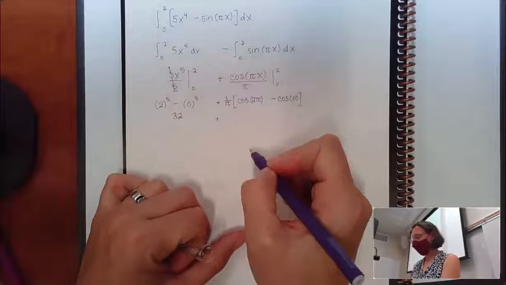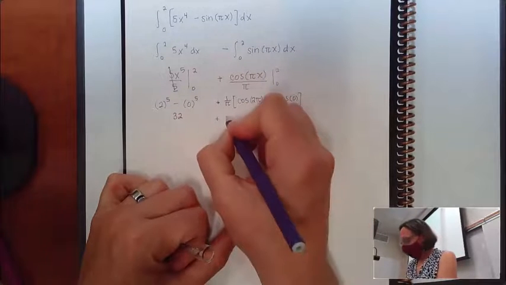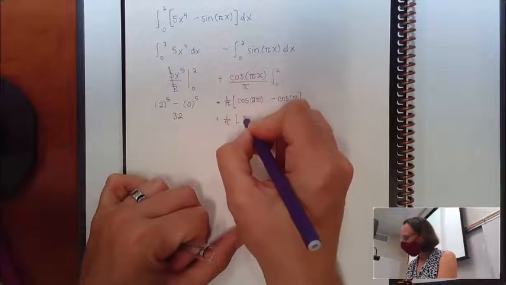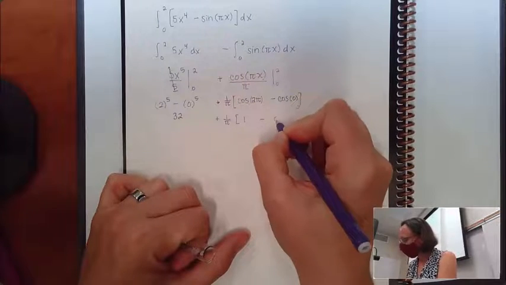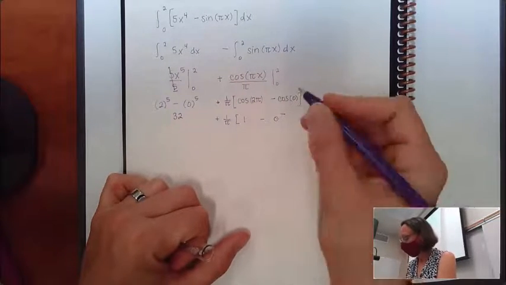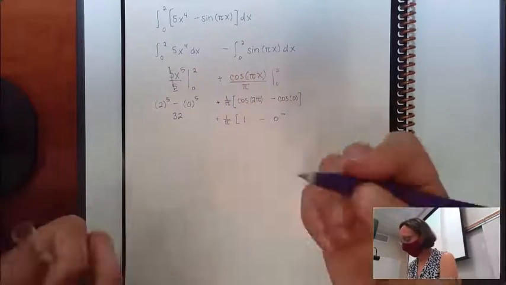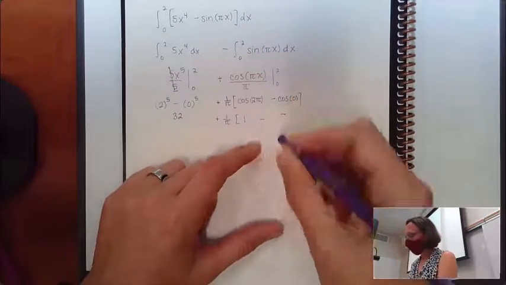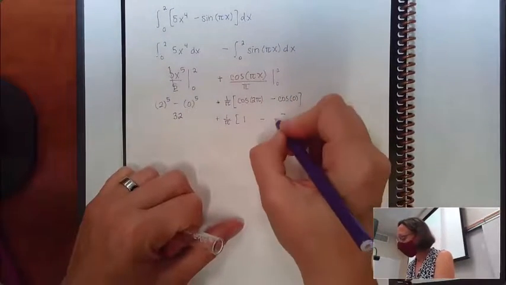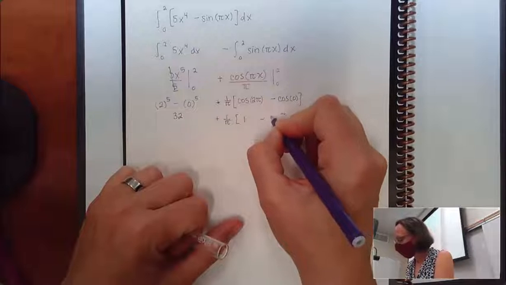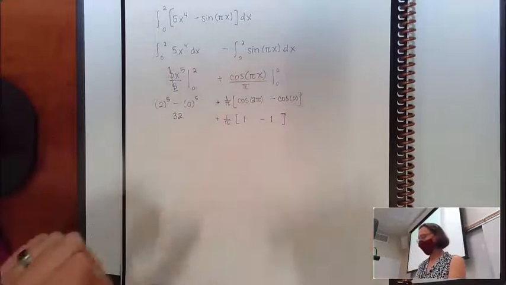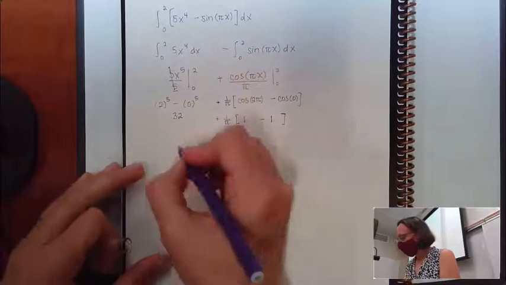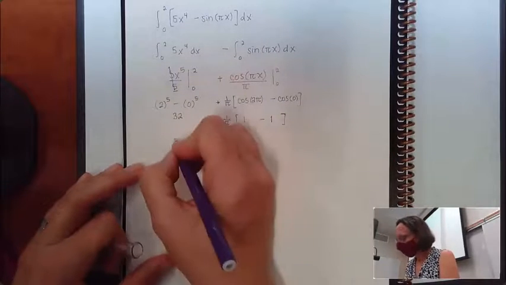Cosine of 2 pi is equal to 1, but cosine of 0 is the same. Oops, I wrote 0 because I was saying 0. Brains are weird. Cosine of 0 is also 1. So this whole thing goes away. So my final answer would just be 32.